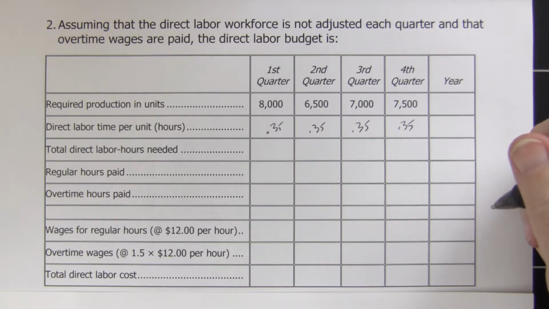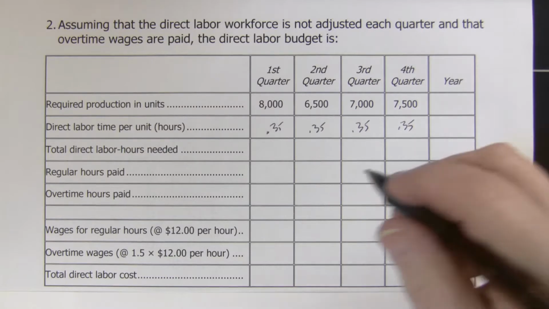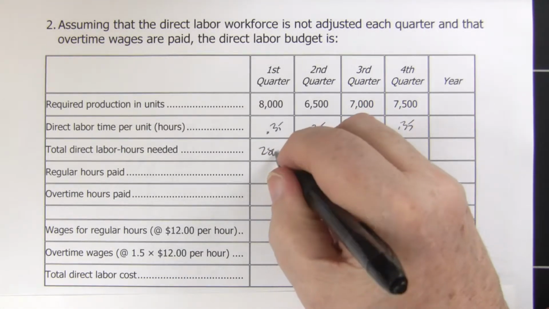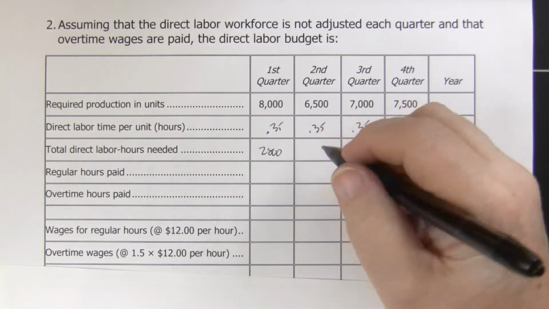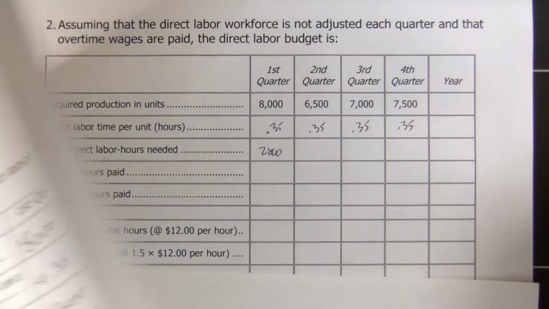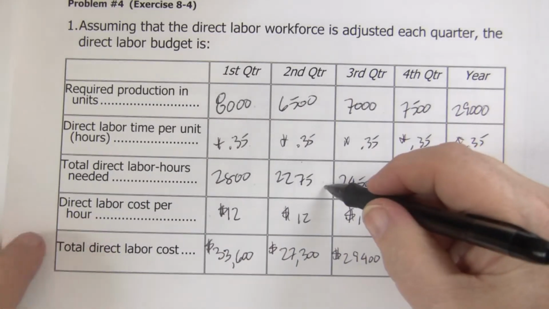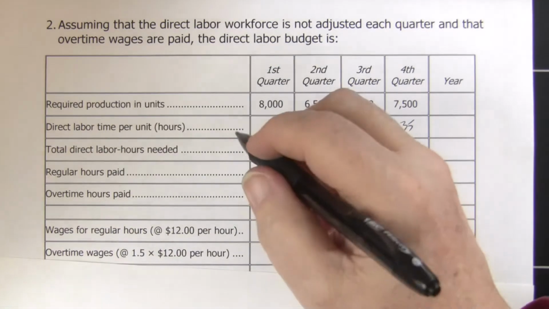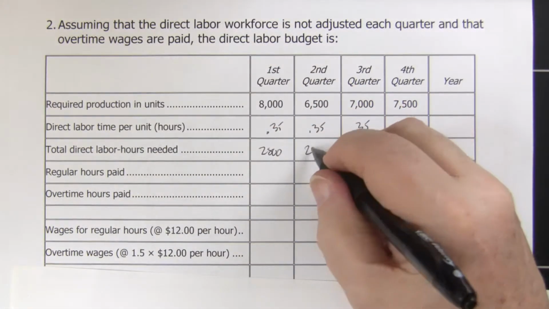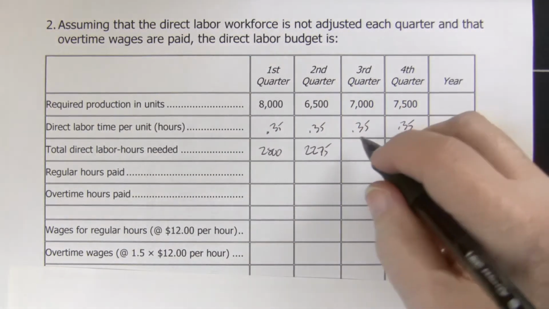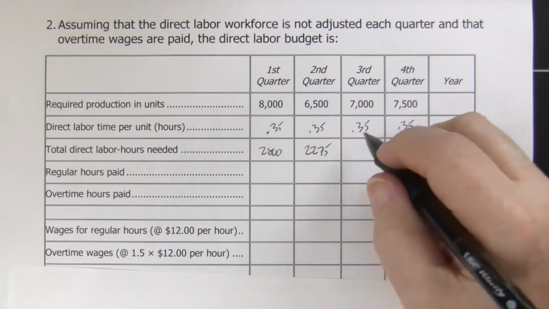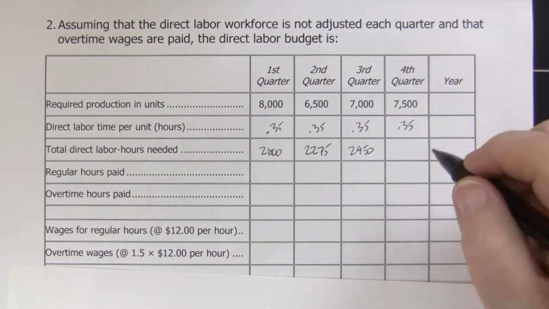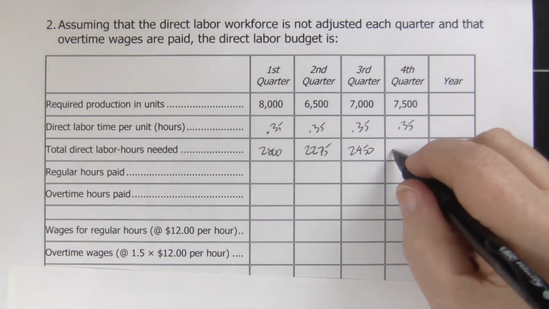So the total labor hours needed stay exactly the same as they were before. 2,800. And these are the same numbers we came up with. Here, I'm just copying these numbers over again, okay? 2,275. 2,450. And 2,625.